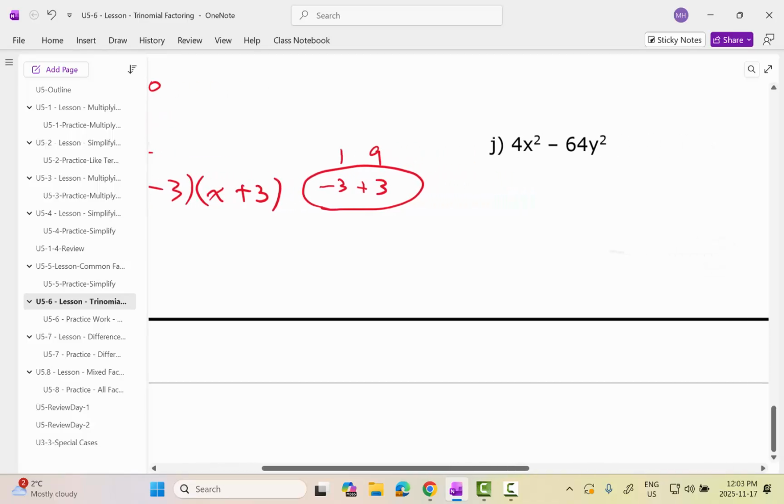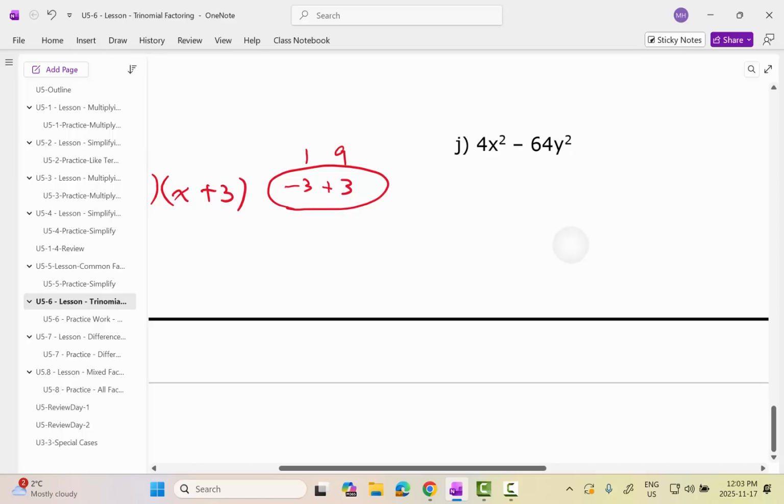All right, let's try this last one. Looking at this question, because we have a number in front of the x squared, what do we want to do first? Common factor. So everything divides by 4. Very good.